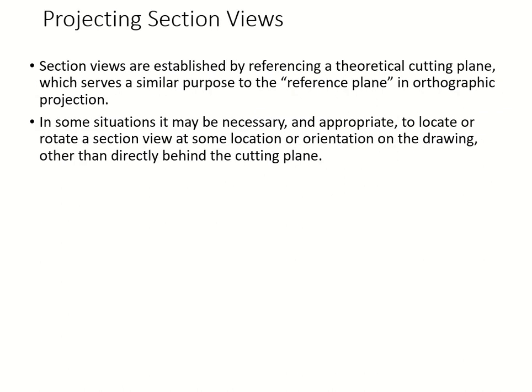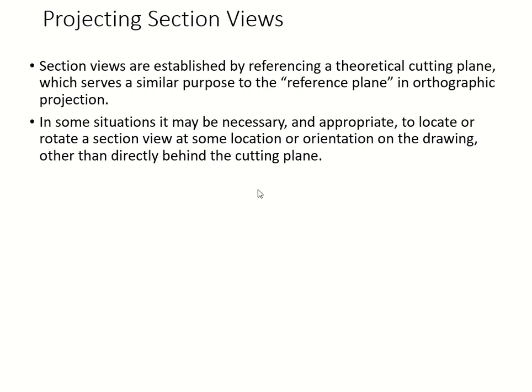Since you have to look inside of your model or your object, you definitely need to cut it down, so it would involve the cutting plane, which usually serves as a reference plane, of course.